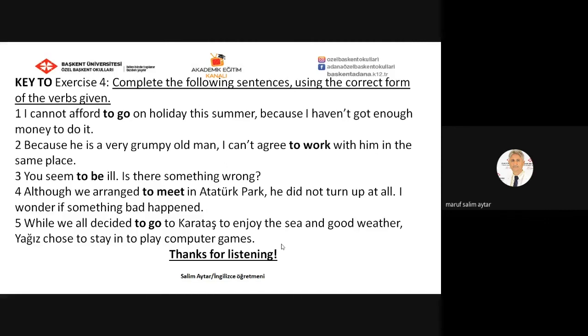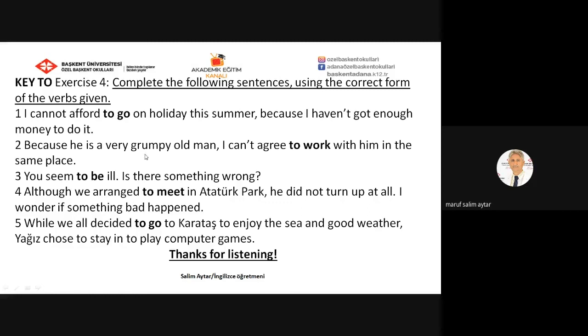Let's see the key in front of us right now. I cannot afford to go on holiday this summer. After afford, we need to use infinitive, to. I cannot afford to go on holiday this summer because I haven't got enough money to do it.